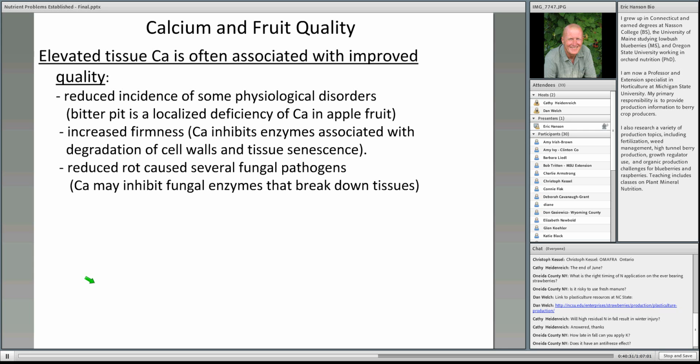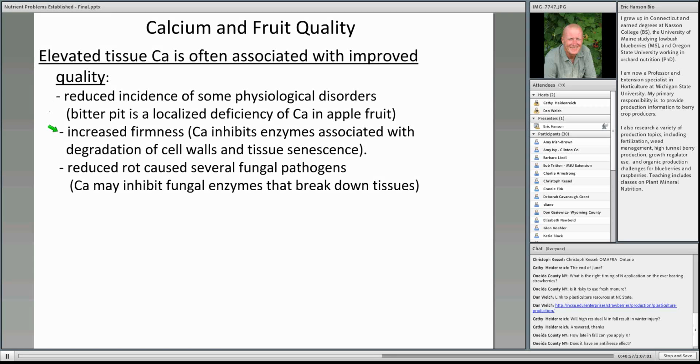So we know, for example, that there's a reduced incidence of some physiological disorders of fruits if calcium levels can be increased. Bitter pit is a localized deficiency of calcium in apple fruit. So that's a fruit quality related aspect.